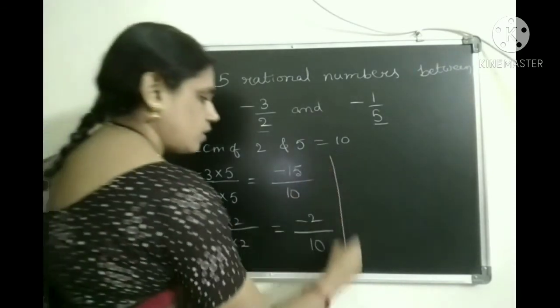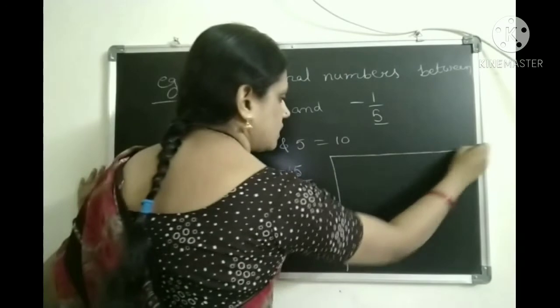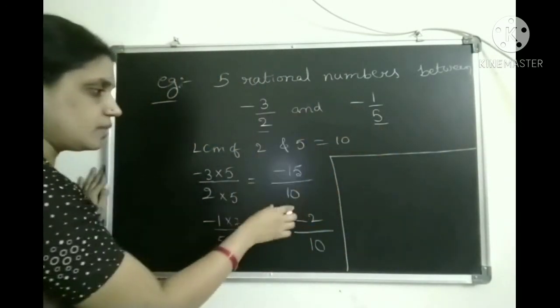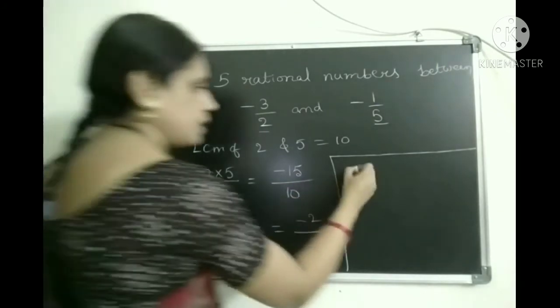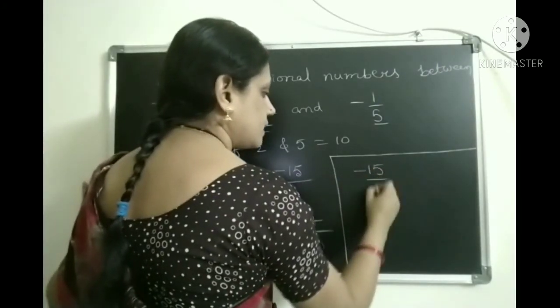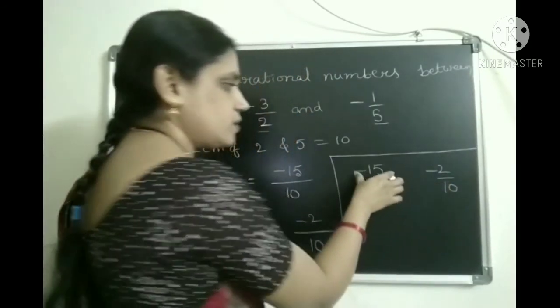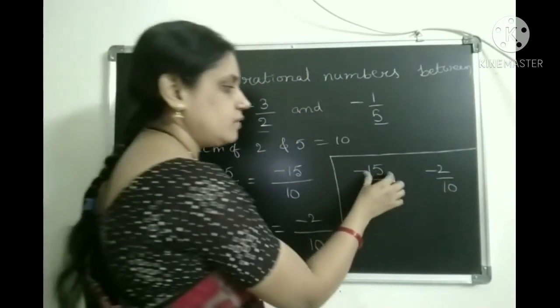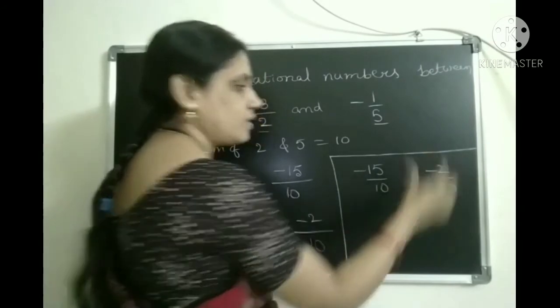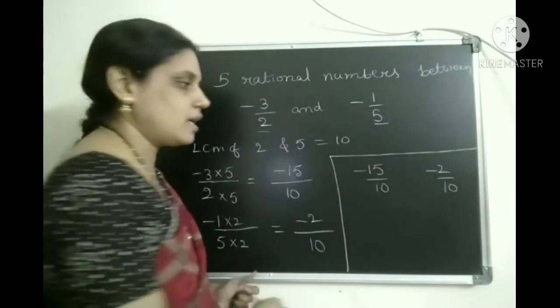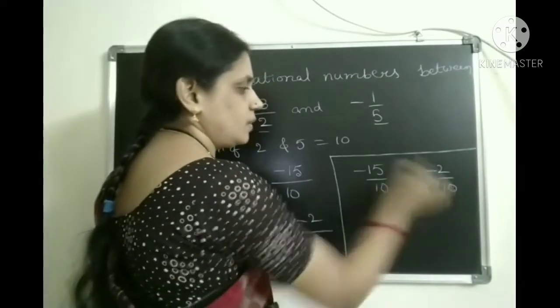So now we want 5 rational numbers between minus 3 by 2 and minus 1 by 5, that means between minus 15 by 10 and minus 2 by 10. You have to see the numerators now. In between minus 15 and minus 2, whatever integers are there, you can write those integers as numerators with the same denominator 10.